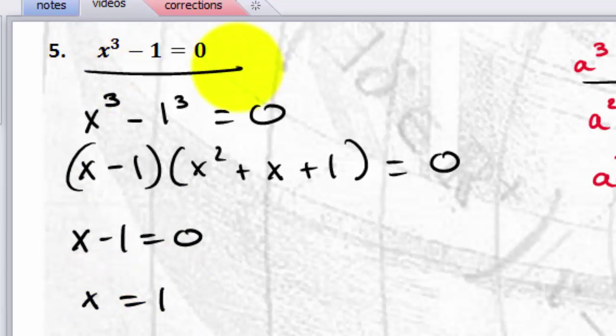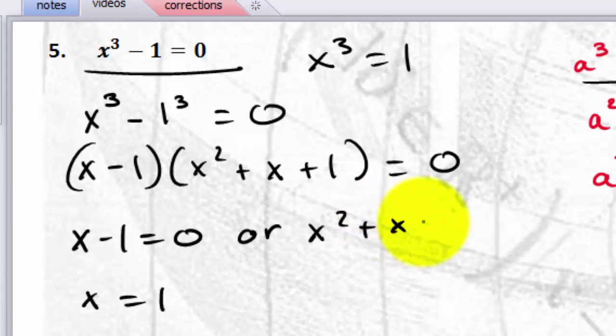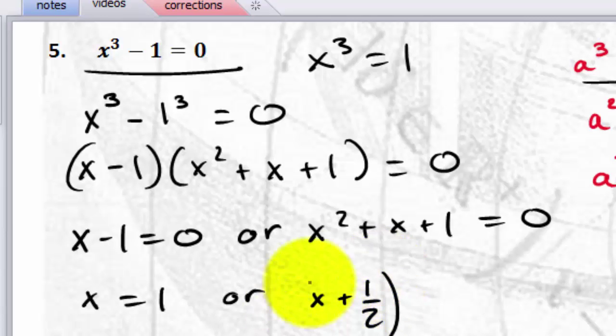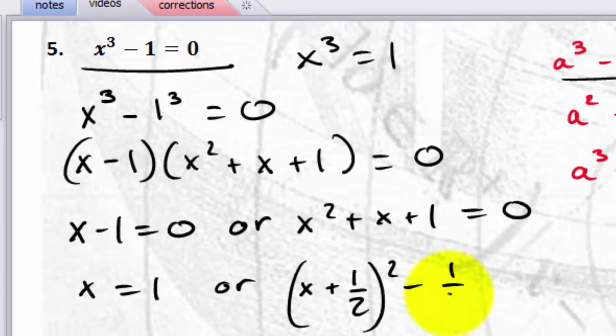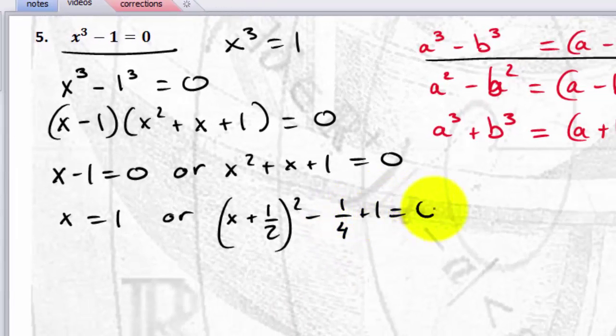Well, duh. If x cubed is equal to 1, we know that x equals 1 is one of the solutions. But we have two more, or x squared plus x plus 1 equal to 0. Now, of course, these are not going to be real solutions. So I'm going to complete the square because I just like it. So this is x plus 1/2 squared minus 1/4 plus 1 equals 0.